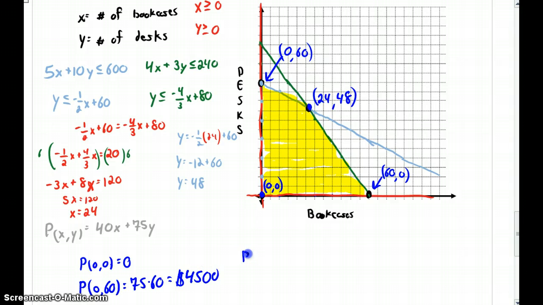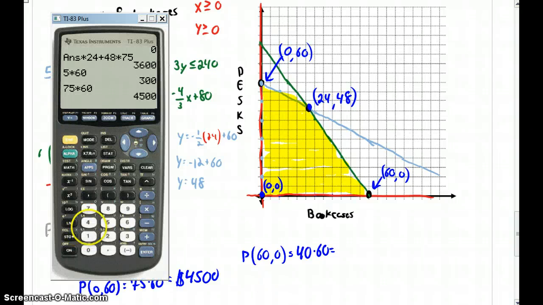The profit for 60 bookcases and 0 desks is 40 times 60 plus 0 times 75. 40 times 60 gets you 2,400.